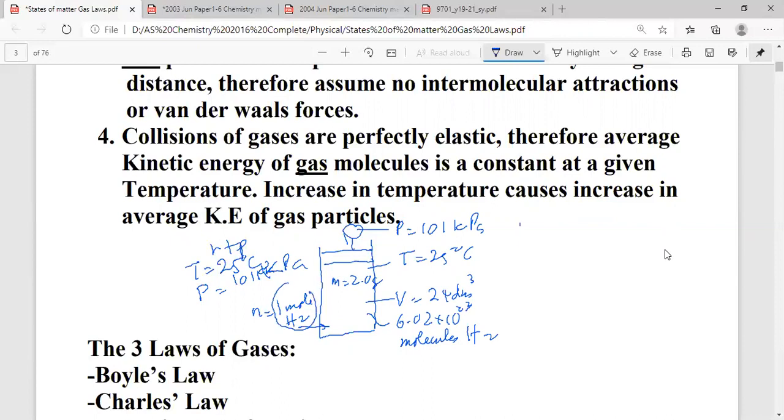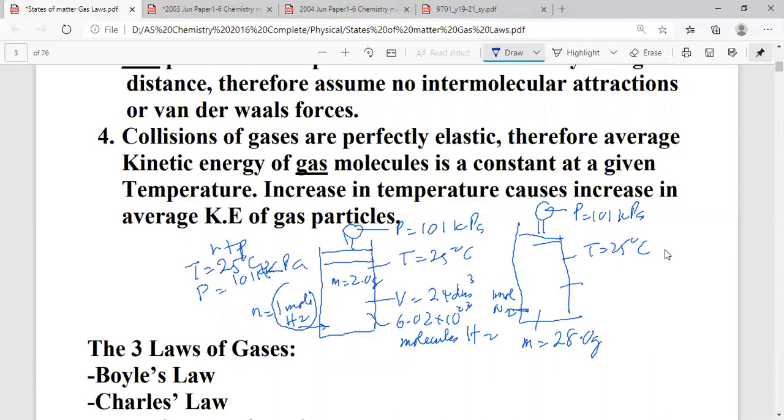Now if I put in a heavier gas, let's say 1 mole of nitrogen, which is how much? 28 grams. The mass is equal to 28 grams. Heavy gas, right? And the pressure is also the same, 101 kilopascals. Temperature is the same, 25.